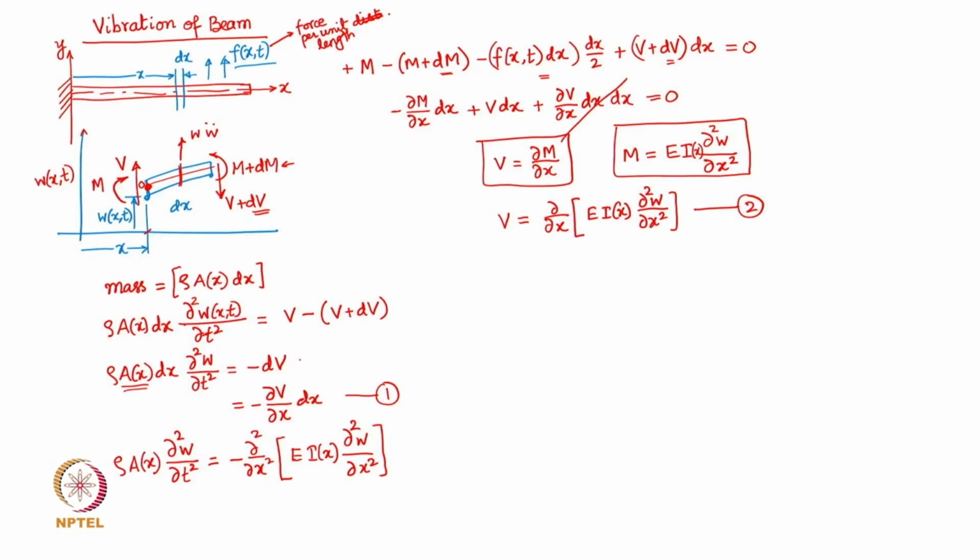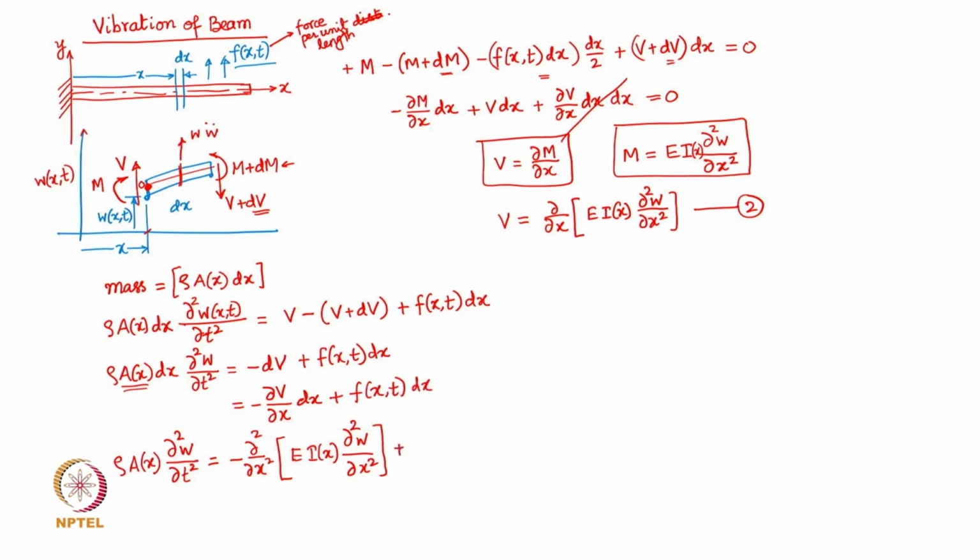What we missed out is the addition of the external force term here, f of x comma t dx. I'm sorry, this should have been added here, f of x comma t dx. So let us modify this as a general case, x comma t into dx.